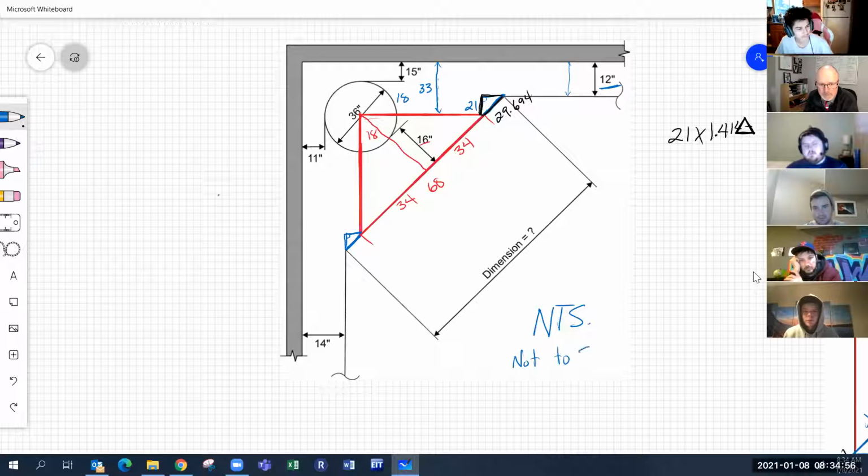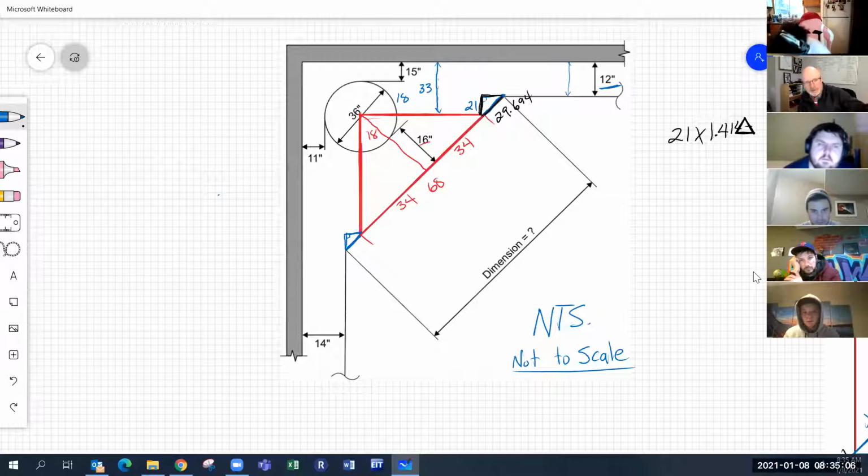Not to scale. None of these are to scale. So having a look at it, you're saying that line is not 21 inches, Doug. Of course it's not. It doesn't look like it, but mathematically it is. So it's not to scale.